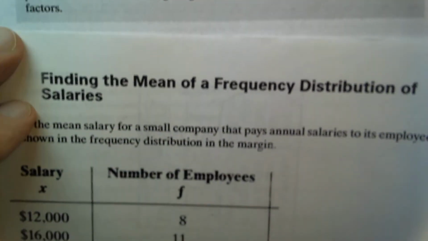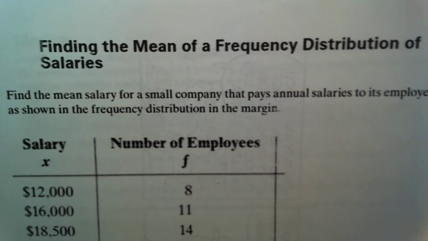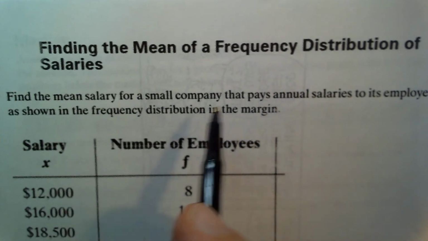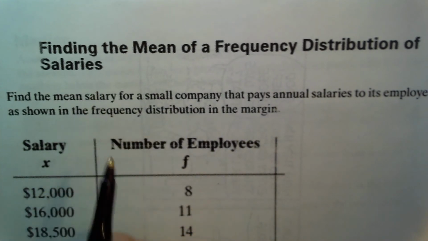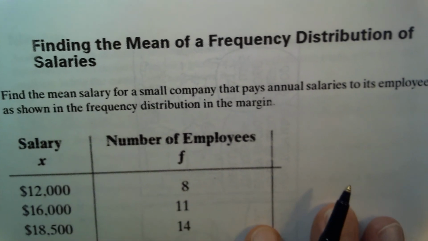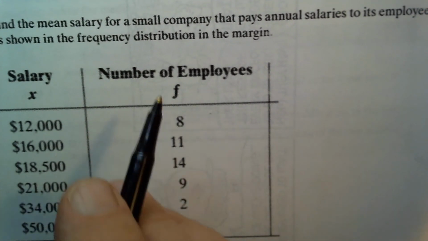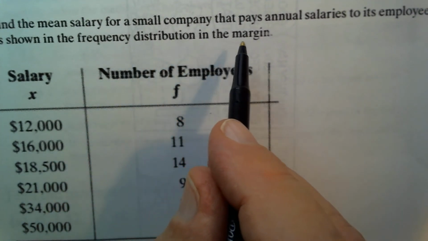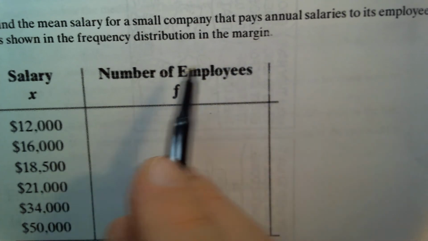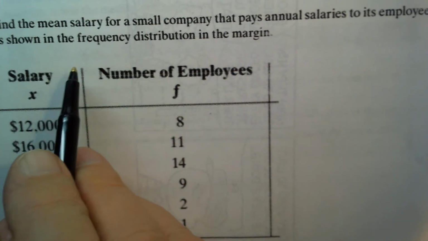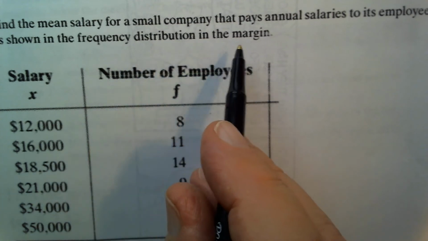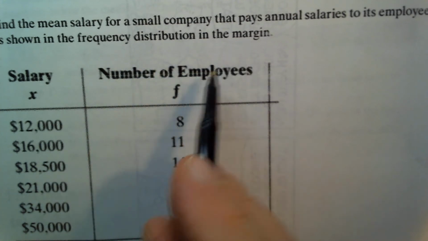Here's the example: finding the mean of a frequency distribution of salaries. Here we are asked to find the mean salary for a small company that pays annual salaries to its employees, shown here in the frequency distribution on the left.